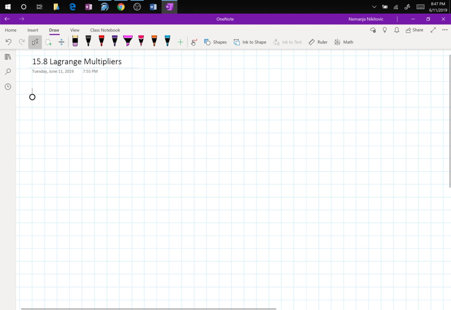Now, how do we find it? We're going to have a 2D version and a 3D version. They have the same equation. The 2D version will have a two-variable gradient, and the 3D version will have a three-variable gradient.